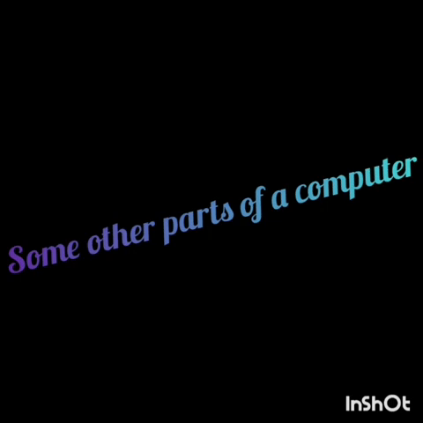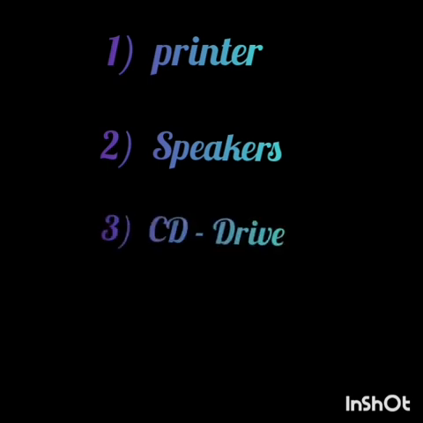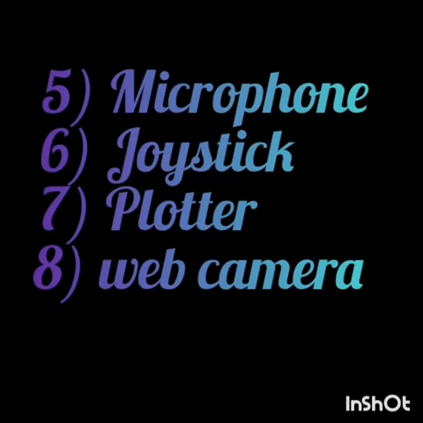Now tell me some other parts of computer. First is a printer. Second, speakers. Third, CD drive. Fourth, scanner. Fifth, microphone. Sixth, joystick. Seventh, plotter. Eighth, web camera. Very good.